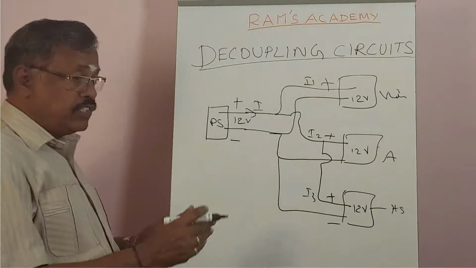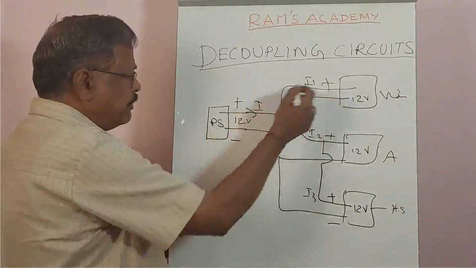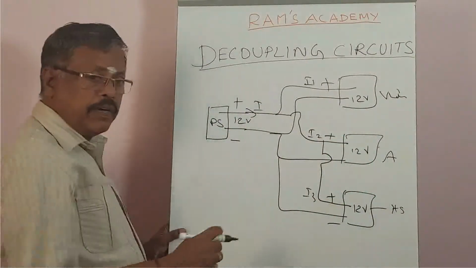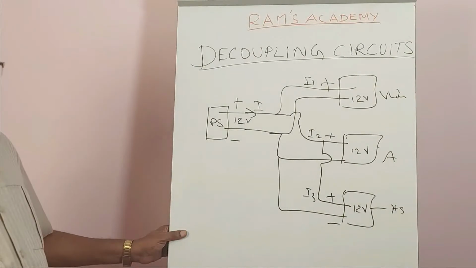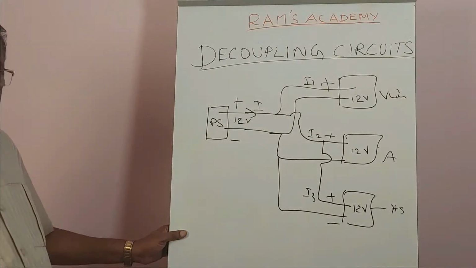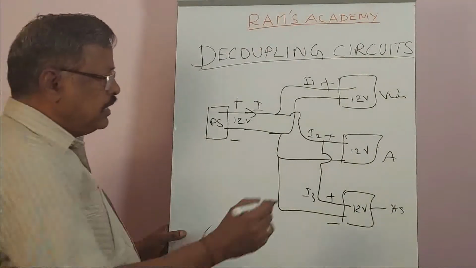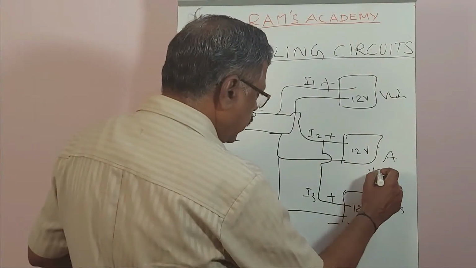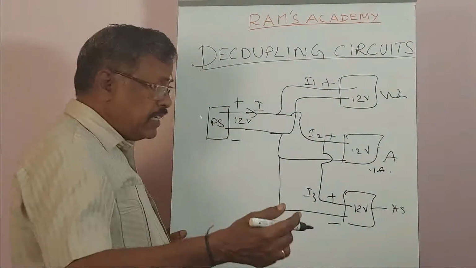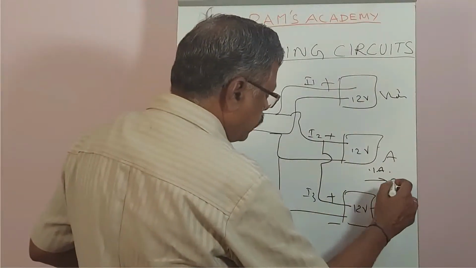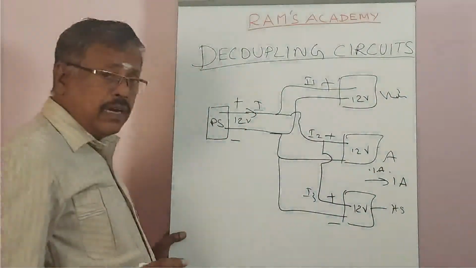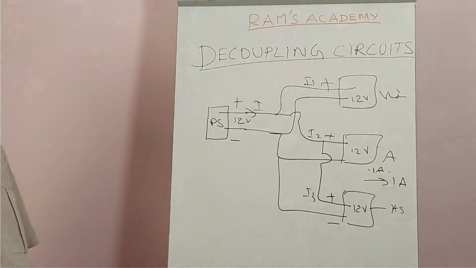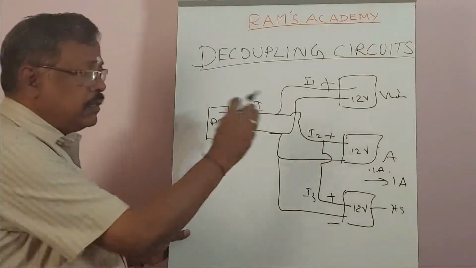Suddenly, they may be receiving 12 volt, and the consumer is not going to use the same volume for continuous operation of the receiver. In the beginning, he may be using a minimum current of 0.1 ampere, and when he raises the volume, it may go up to 1 ampere. Like that, the current I2 is not constant. It changes according to the wish of the consumer.